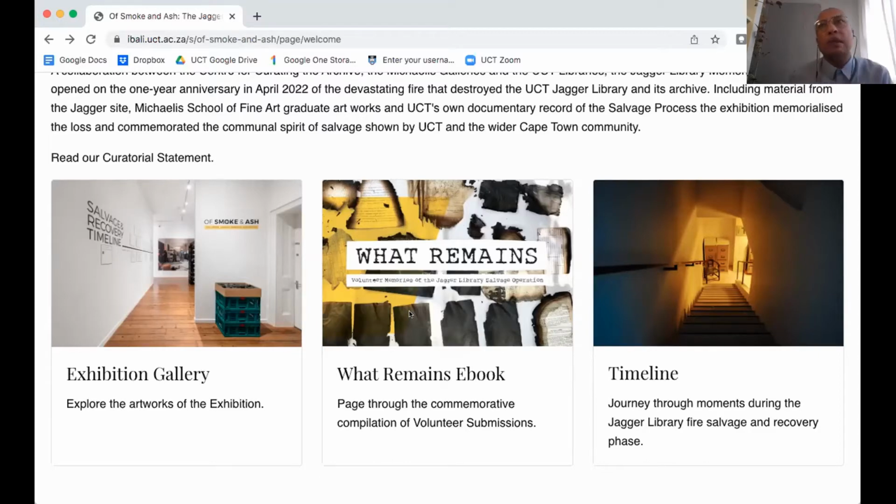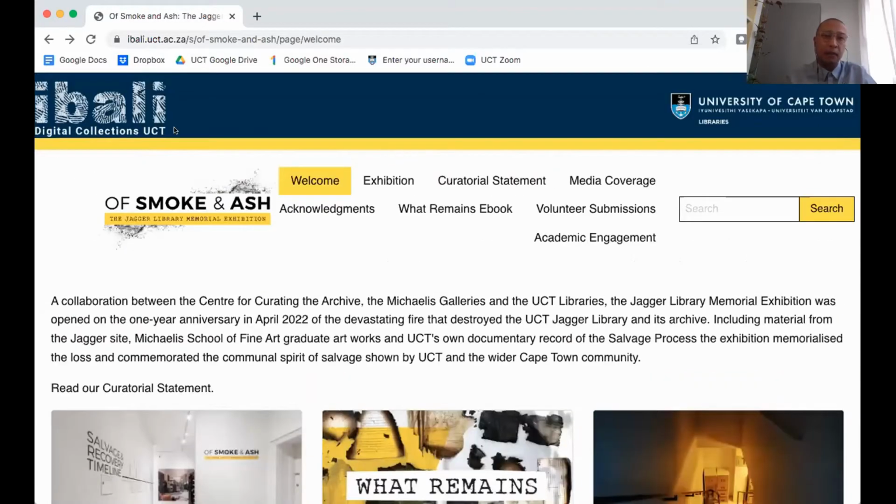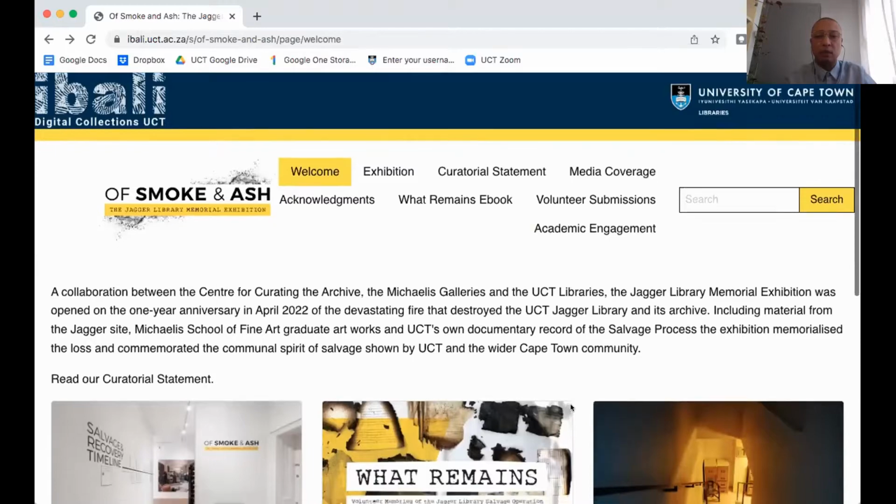So we asked them questions like, what did the salvage mean to you? What stuck with you? From that time, what do you remember most fondly? And we issued an infographic with a QR code, and the QR code directed back to the UCT Libraries digital collection. So the Ibali platform, you can see our exhibition website is mounted on the Ibali digital collections platform.